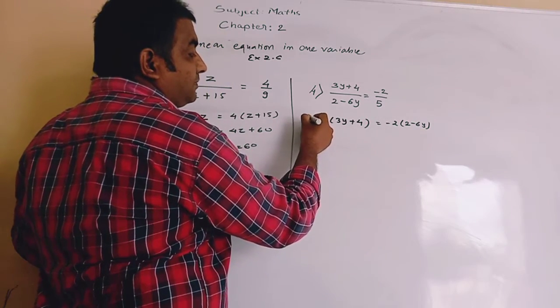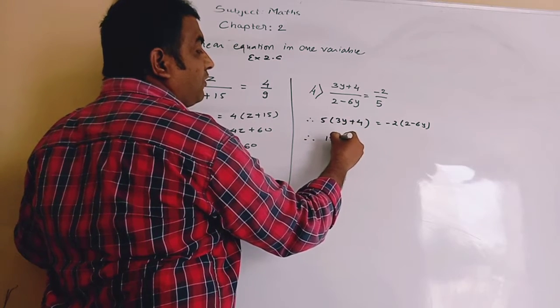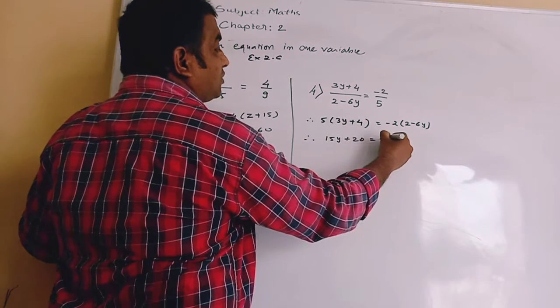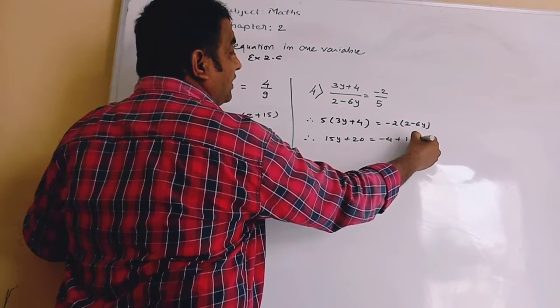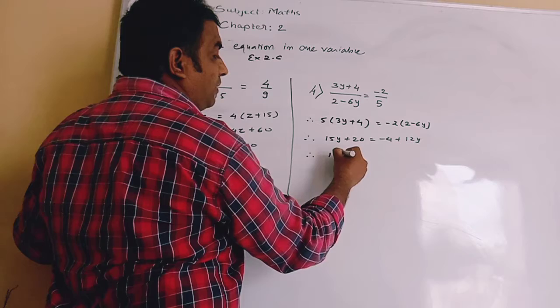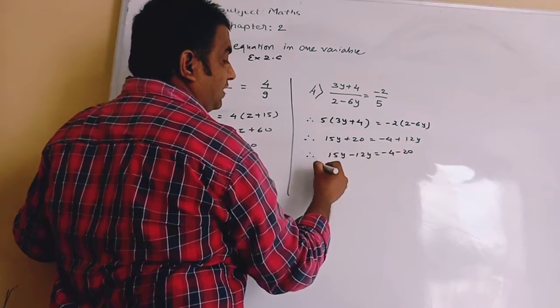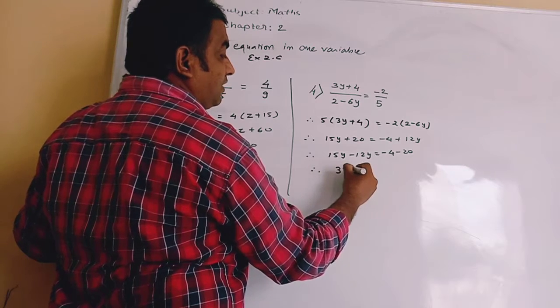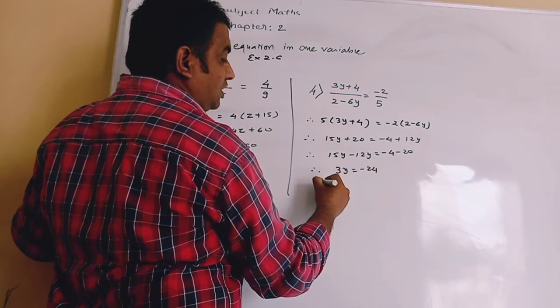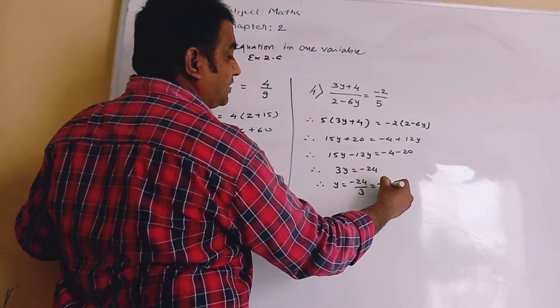So 5 multiplied with both the terms gives 15y plus 20 equals minus 4 plus 12y. So 12y will come to this side and it will be 15y minus 12y equals minus 4 minus 20. And so it will be 3y equals minus 24, and so y equals minus 24 divided by 3, it is minus 8.